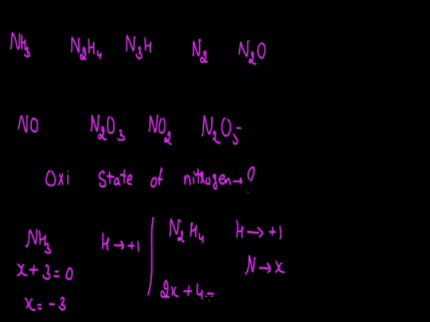The total sum equals 0. So it will be 2x plus 4 equals 0, and from here we can calculate the value of x, which will be equal to -2.